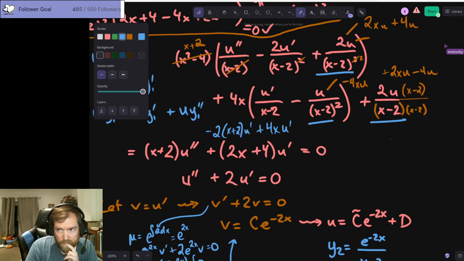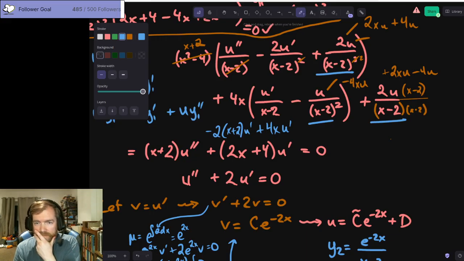Yeah, we don't get that extra factor of 2 from the derivative. So it's just that 2 is coming from the form of y2 double prime.